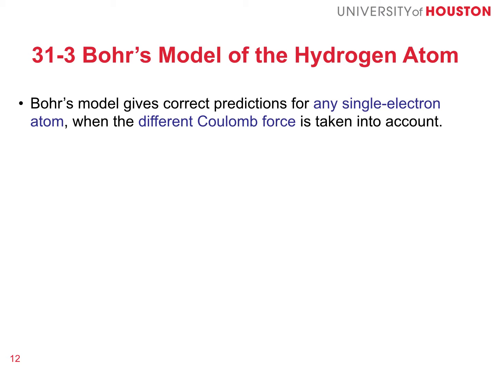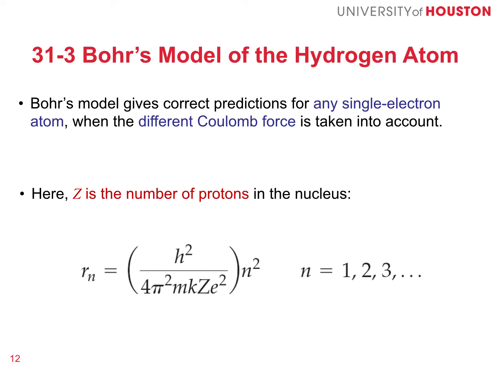A hydrogen atom has 1 proton. This can be generalized, if Z is equal to the number of protons, as Rn is equal to h squared over 4 pi squared m k Z e squared, times n squared, where n can be 1, 2, 3, 4, etc.